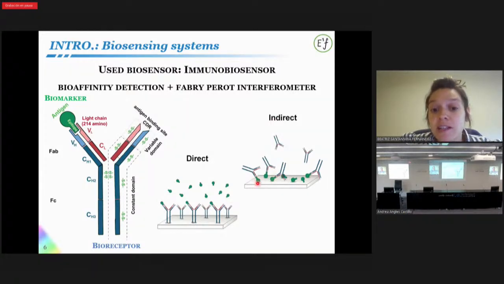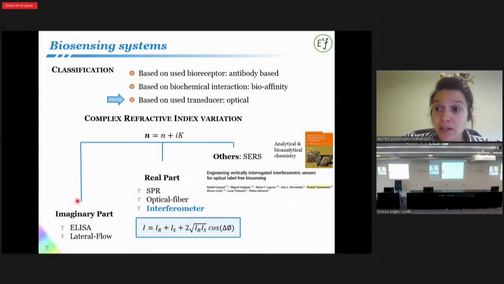If we are detecting the antibodies, we talk about an indirect immunoassay, and if we detect the antigen, we talk about direct. And the other classification that we perform is based on the transducer.